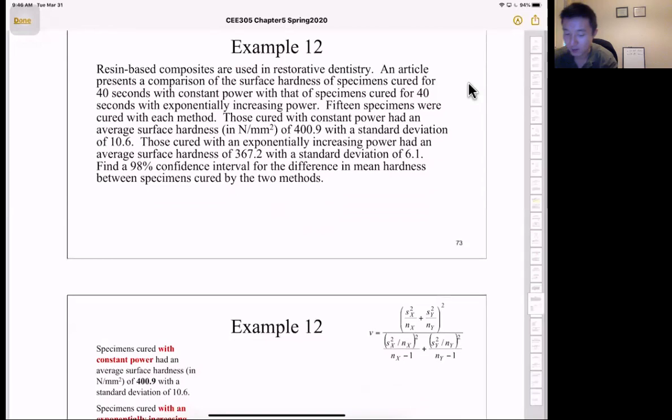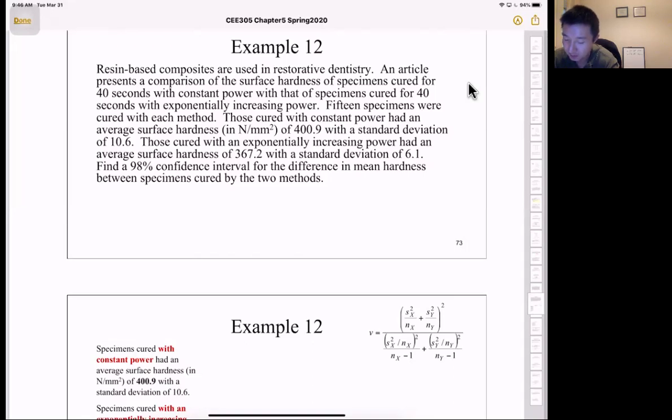Let's look at one example. Resin-based composites are used in restorative dentistry. One of the articles presents a comparison of the surface hardness of specimens cured for 40 seconds with constant power against specimens cured for 40 seconds with exponentially increasing power. 15 specimens were cured by each method.